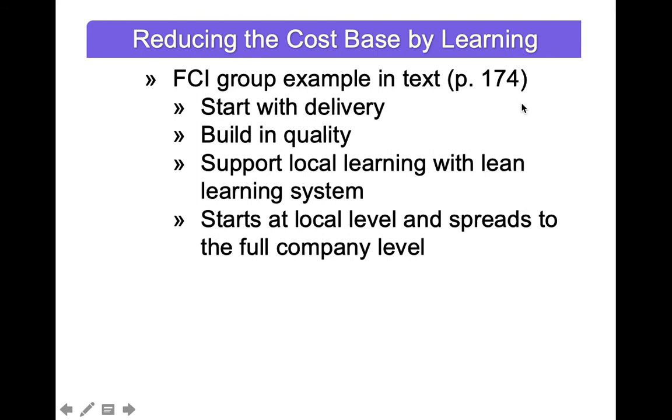So on page 174, there's an example. It's the FCI group, and there were some issues and the ways that they learned to do things that help them reduce the cost base. And one of the problems they were having was delivery. They changed the way that they prepared the trucks that they use for shipping.